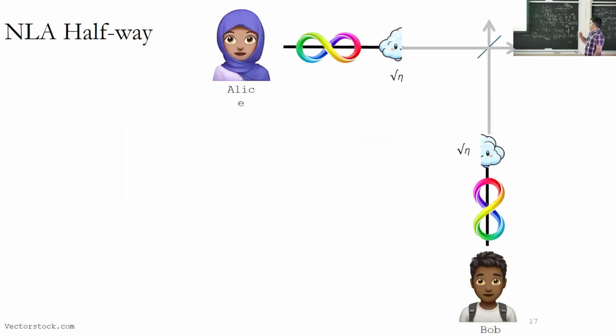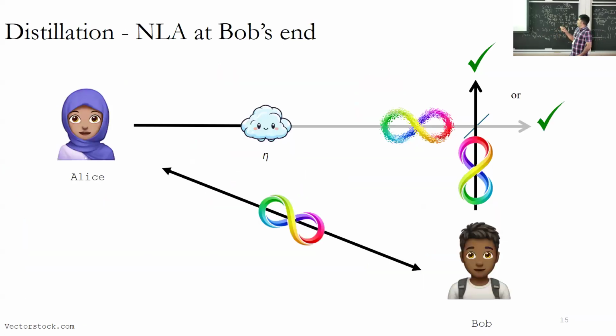Now in 2021, I guess, Tim Ralph basically asked the question: what if we move this relay station somewhere in between? In the previous scenario, Alice sends her state, it goes through all the loss, and Bob is holding the relay station.